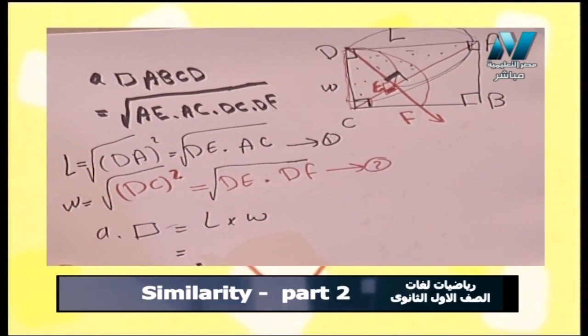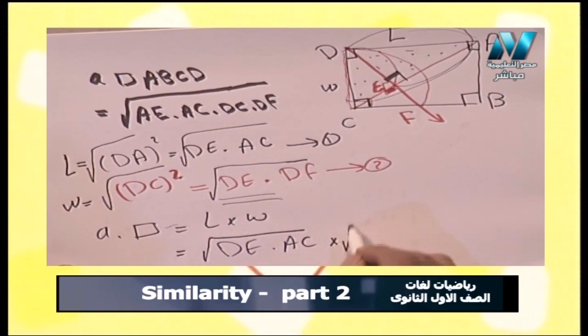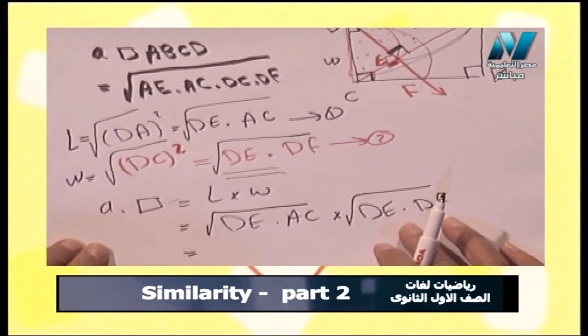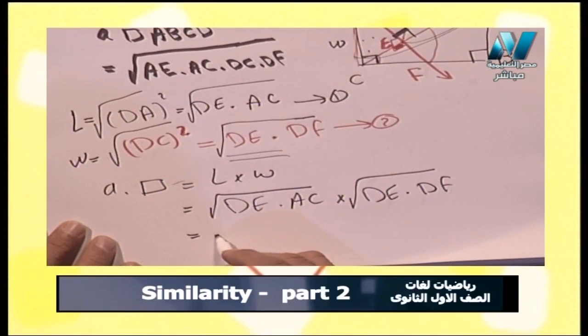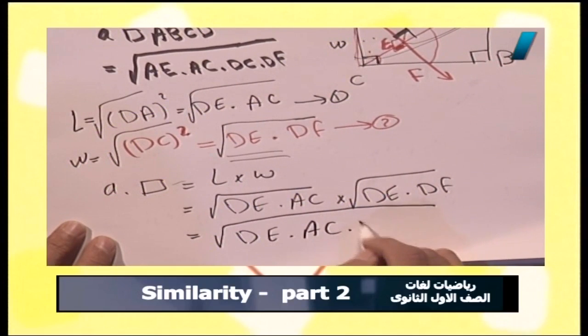So area equals the square root of AE times AC, multiplied by the other square root, which is the width, equal to the square root of DE multiplied by DF, and we can connect these two roots into one root here: equal to one square root of AE times AC times DE times DF.